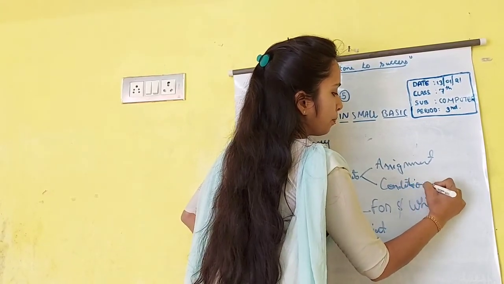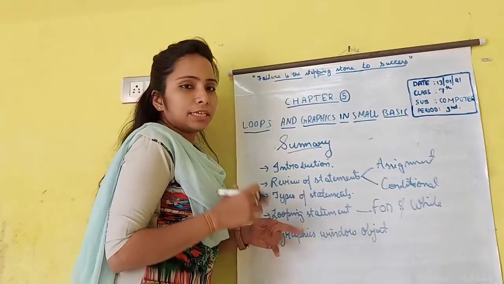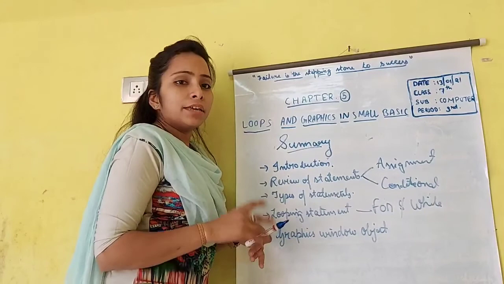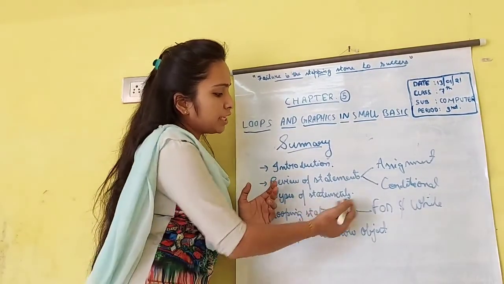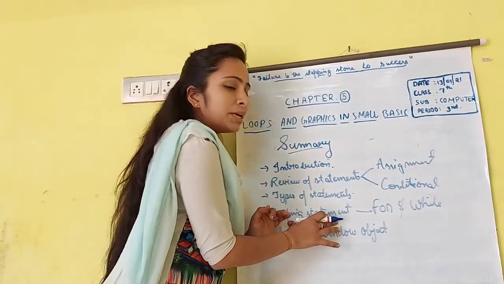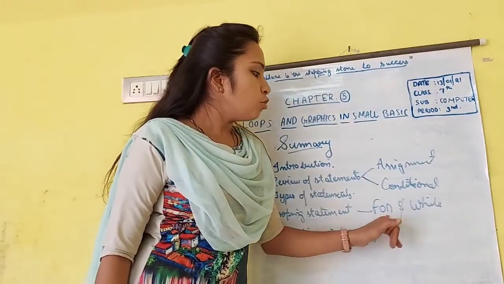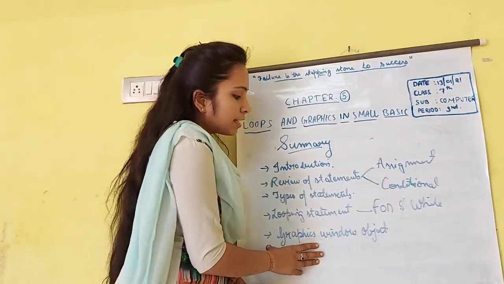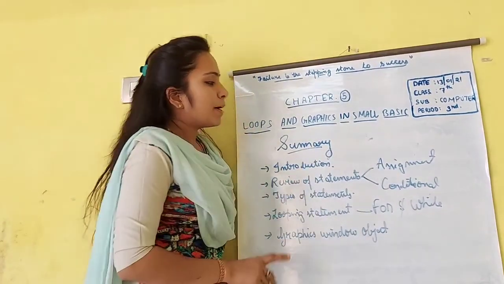Then we studied the types of conditional statements: if then, if then else, and if then elseif. Three types of statements we studied. Then we studied the looping statements. Under that we studied two types of loops: for loop and while loop. Then at last we studied the graphics window object. Clear? So this is the summary part of the chapter.